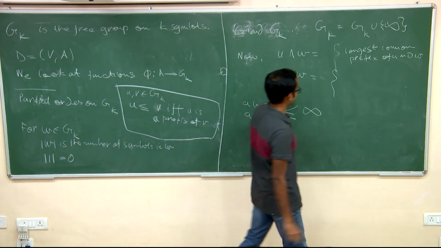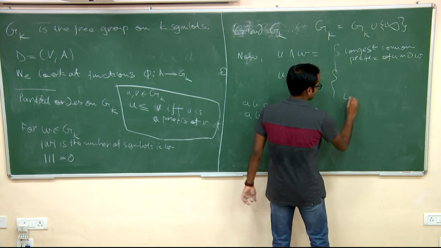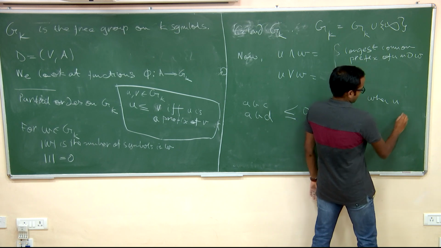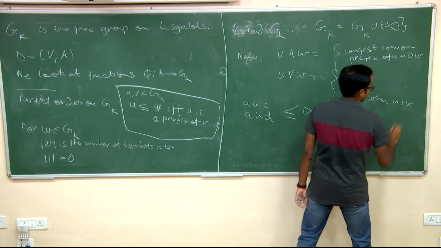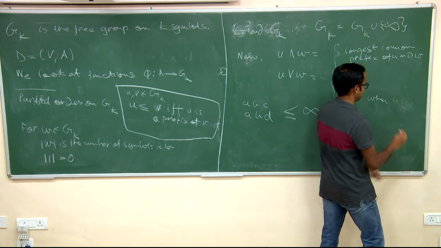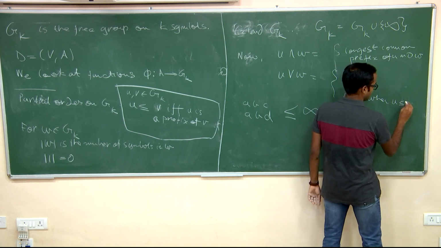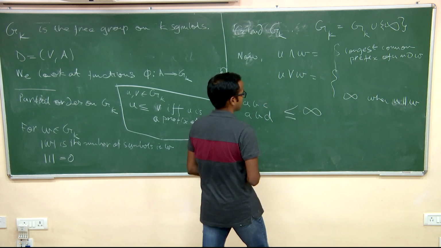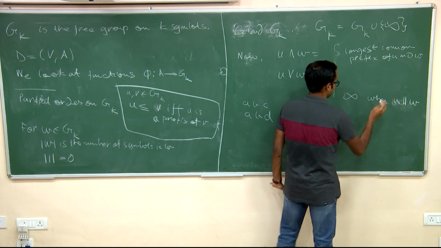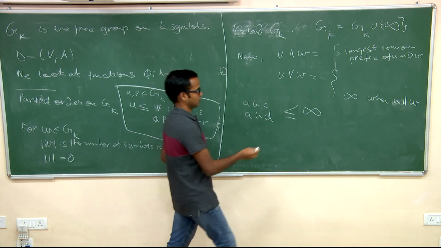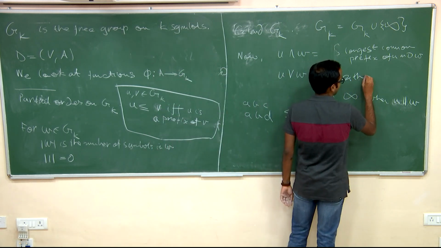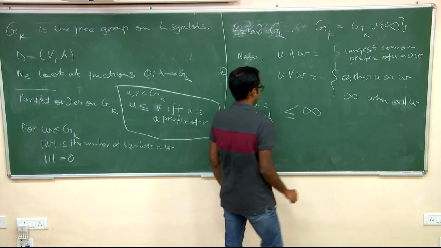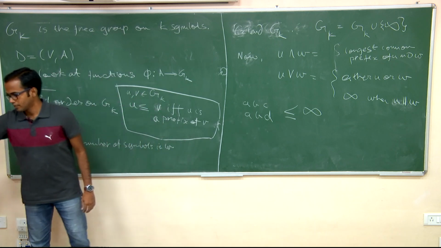They are incomparable, and when they are comparable, it is either U or W. Okay, so this is our lattice.